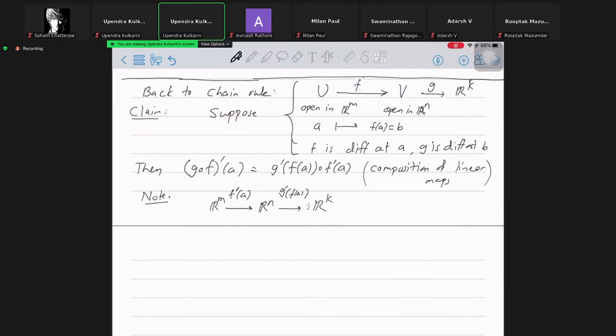So this is the statement. Right? Let's prove it. Let's have our sort of scene setting. So recall the definition of the derivative.